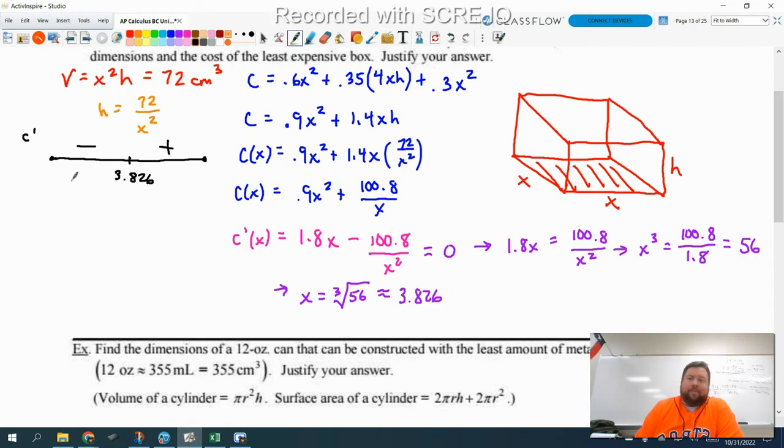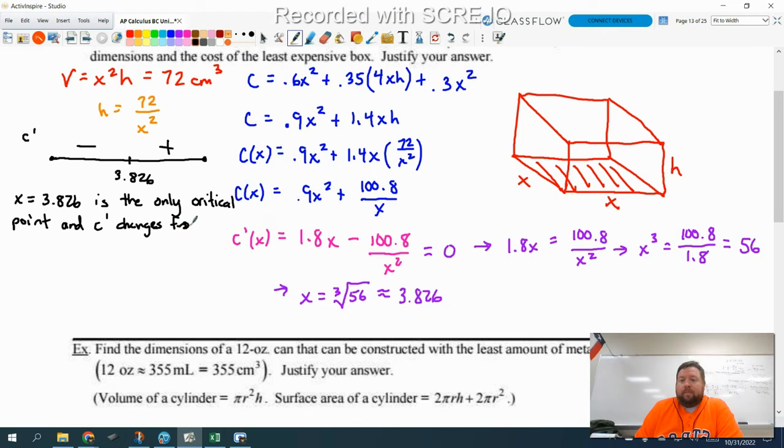Okay, so we have to write that out. All right, so we'll say x equals 3.826 is the only critical point, and c prime changes from negative to positive there.